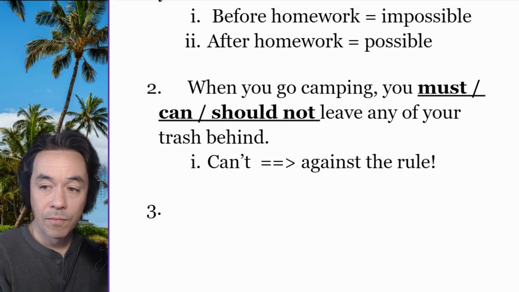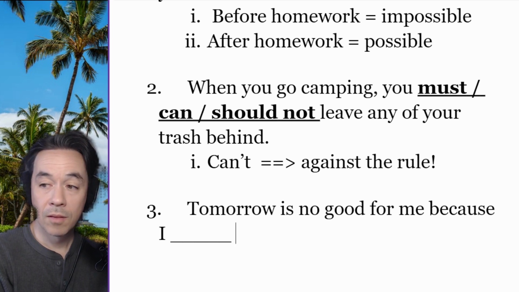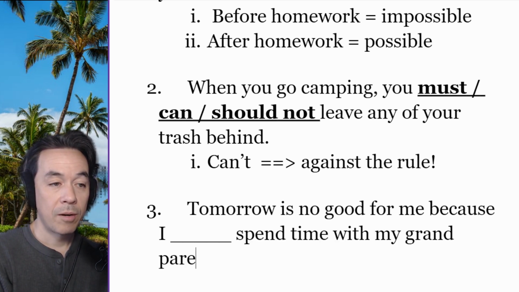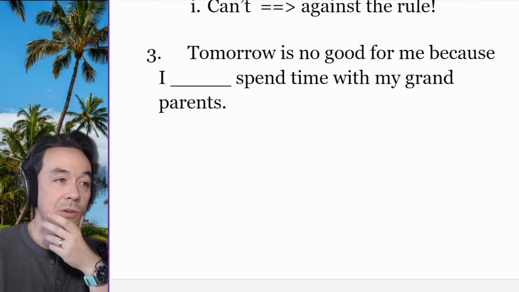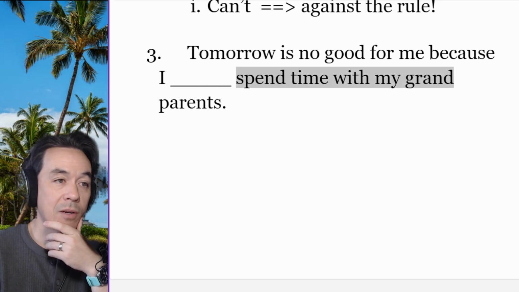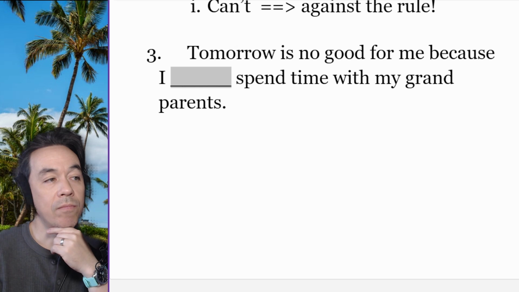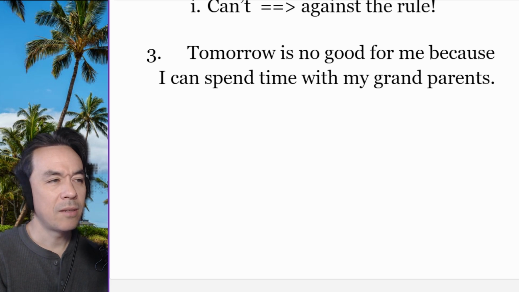Number 3. Tomorrow is no good for me because I blah blah spend time with my grandparents. Okay, so tomorrow's no good because I blah blah spend time with my, so yeah, visit the grandparents. So the best answer, if you said I can spend time, tomorrow's, I can't.